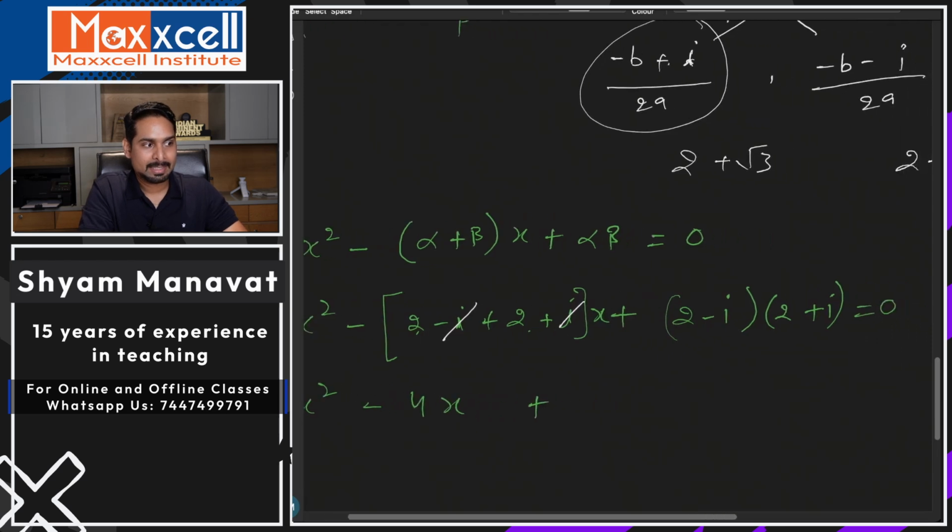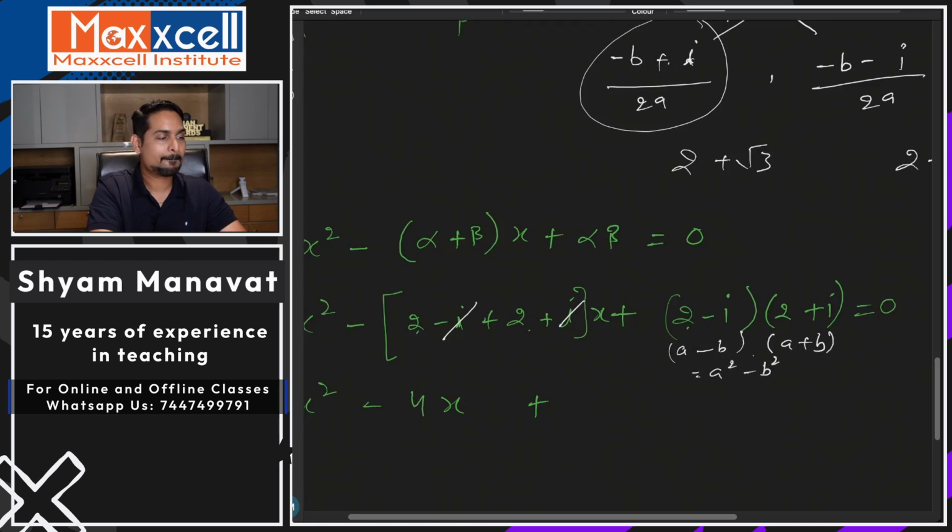Plus, here do you see these two brackets as a minus b and a plus b? What is the formula? a minus b and a plus b equals a square minus b square, right?